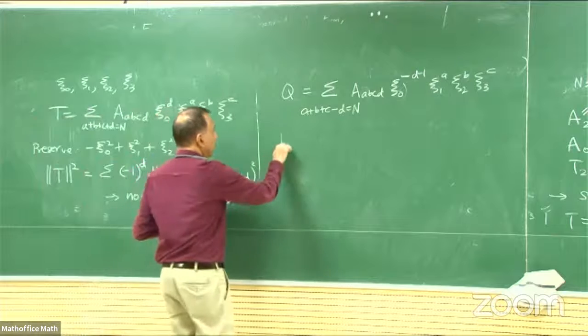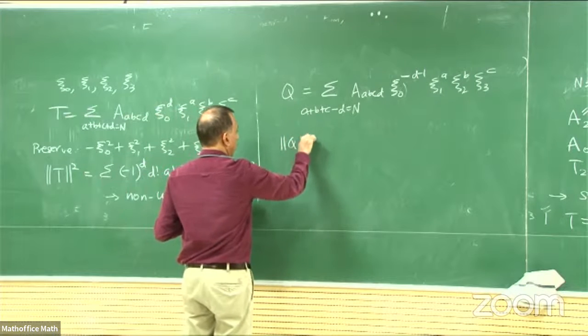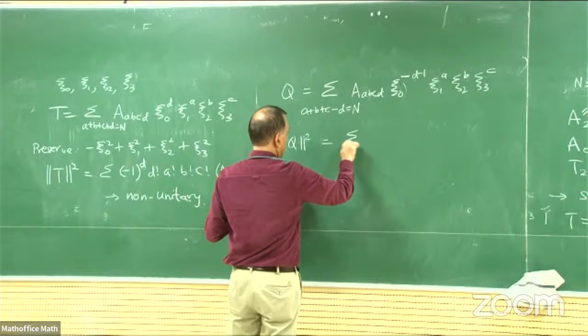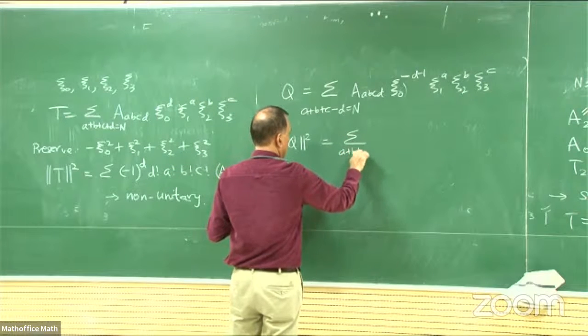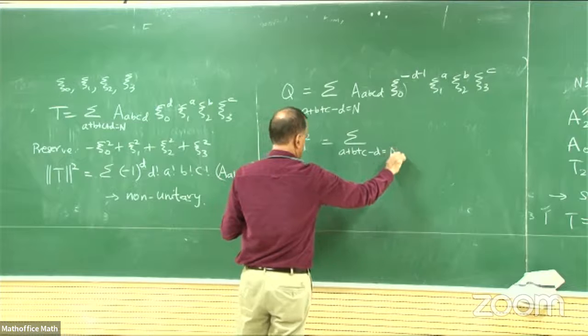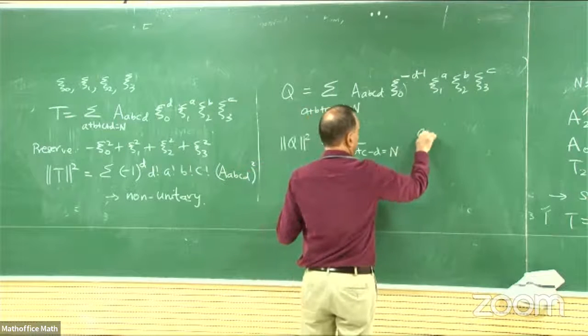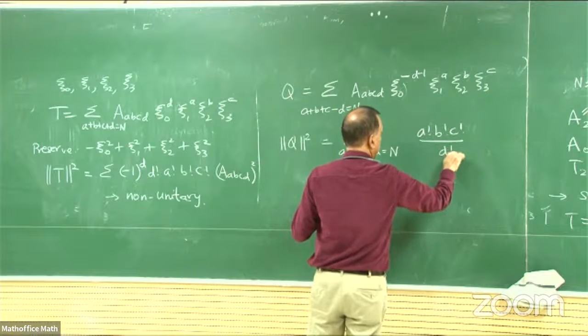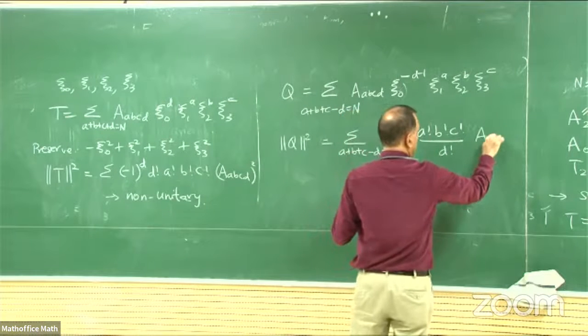And the norm which it preserves now is summation A plus B plus C minus D equals N, A factorial, B factorial, C factorial over D factorial, A, B, C, D squared.